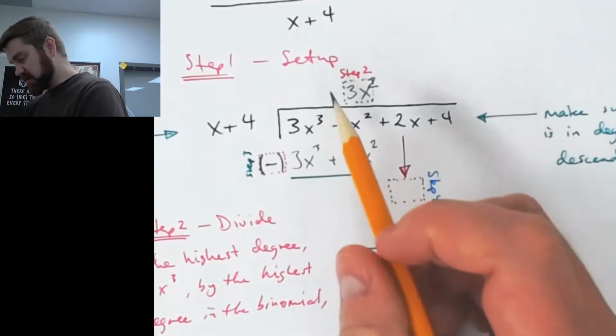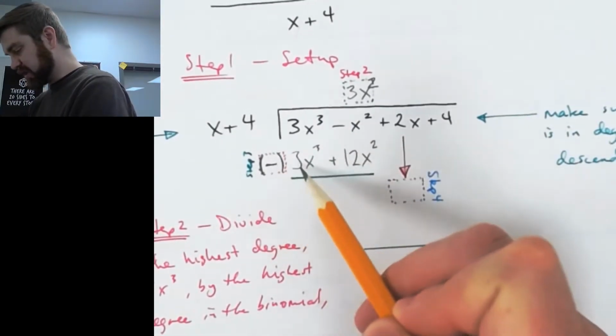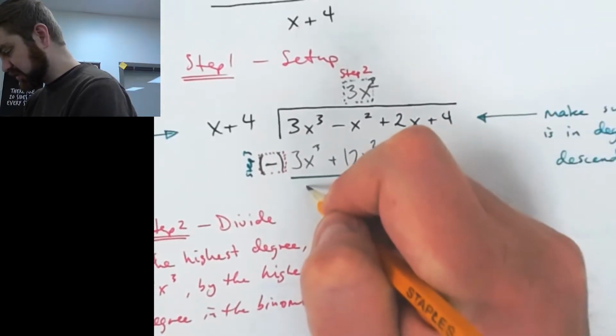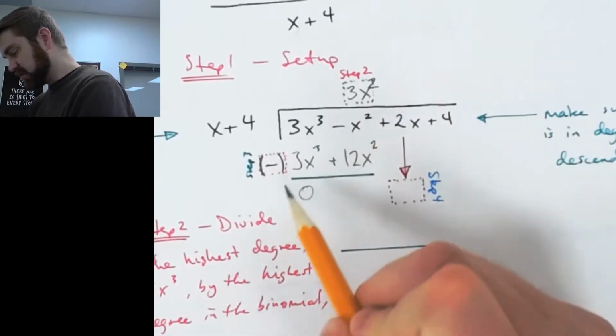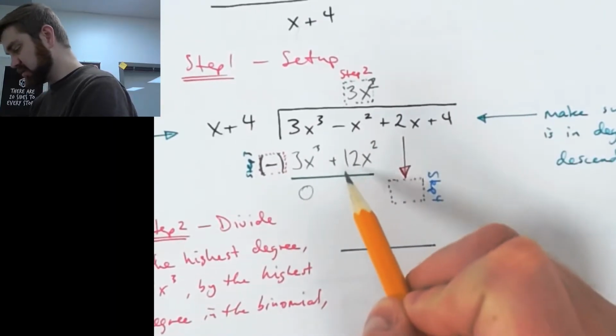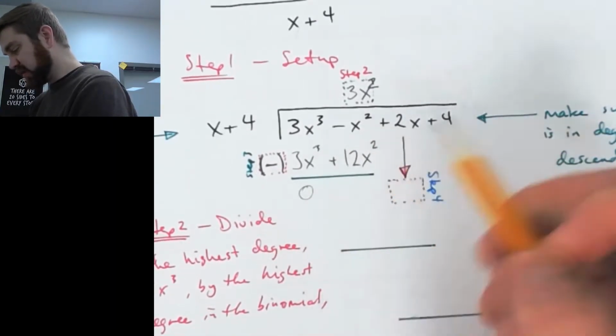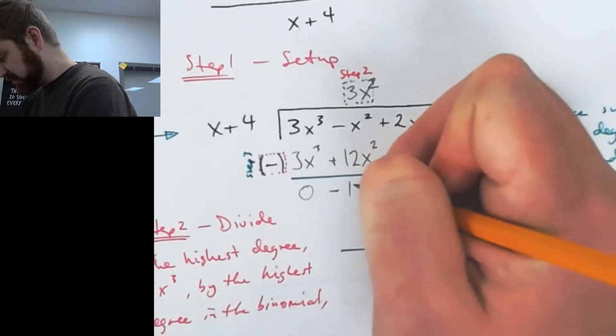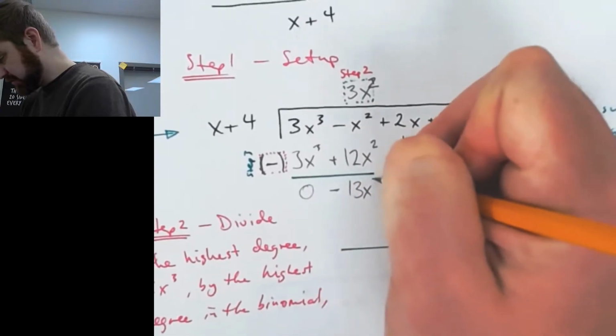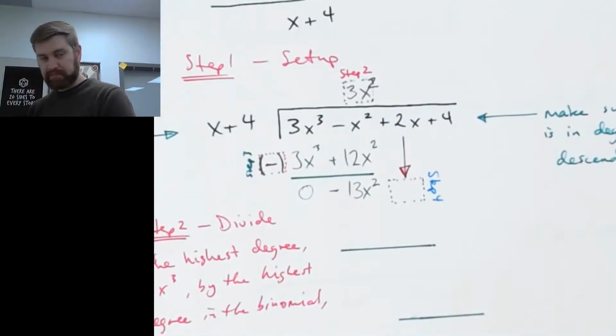So I'm going to go 3x cubed minus 3x cubed. Well, that's an exciting 0. And then I go minus x squared minus 12x squared. So they become negative 13x squared. Okay.